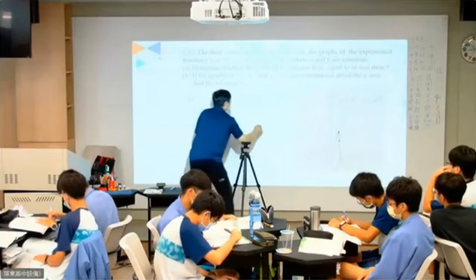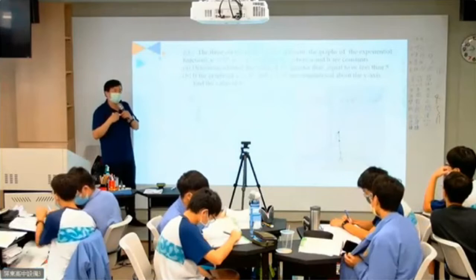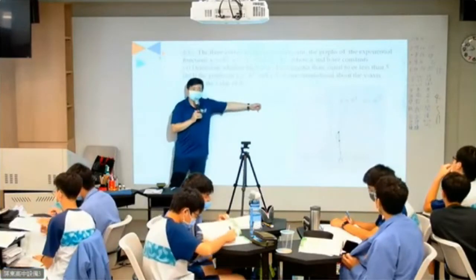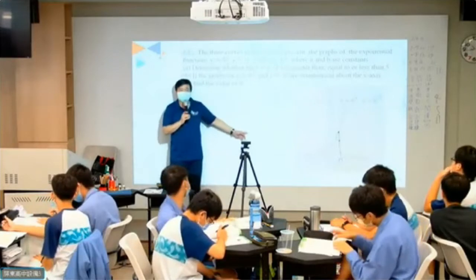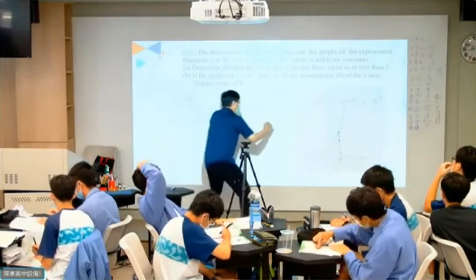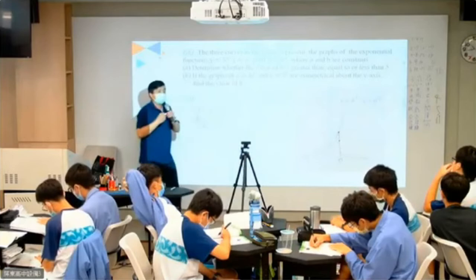we can say what's the relationship between a and b? Can you tell me, if these two exponential functions are symmetrical about the y-axis, what's the relationship between a and b? We can get a times b is equal to 1, right?